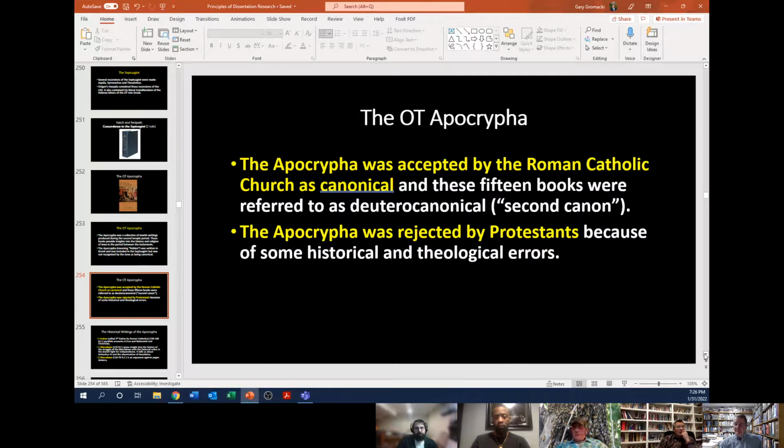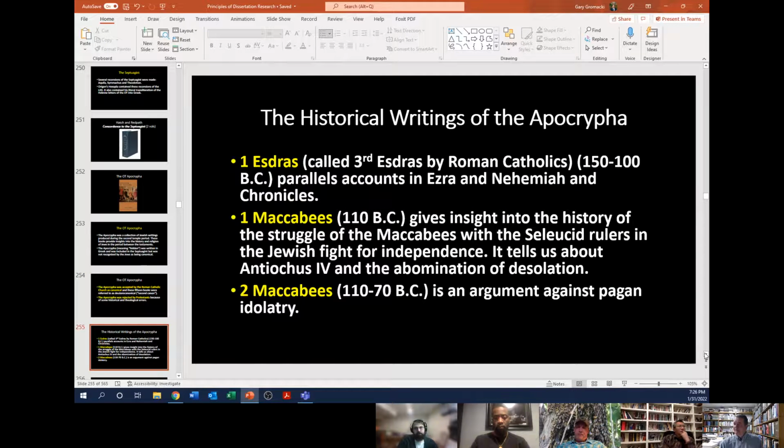So 15 books are sometimes called deuterocanonical or second canon. These books were rejected by Protestants because of historical and theological errors. So again, that would be of worth just to read it to see if you can find what are those historic and theological errors that you could recognize. I'll just give you some summary here.